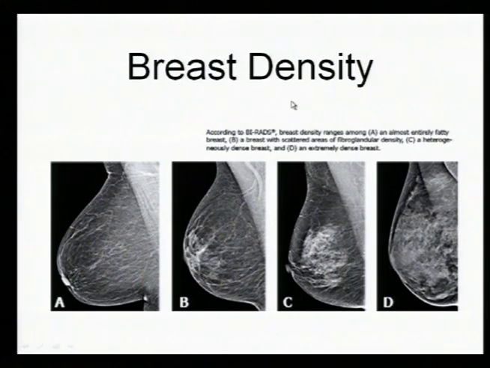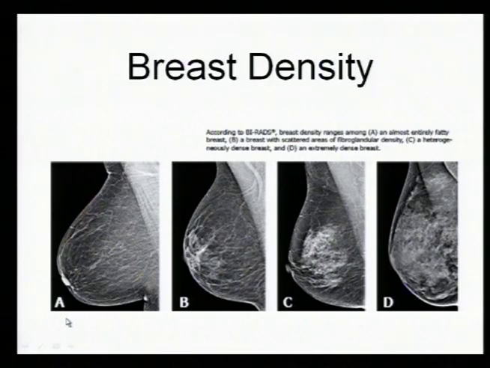This is the breast density scale that you may or may not have heard described previously. The ACR has designated 4 categories for breast density, categorized A, B, C, and D. Why this is important is it both impacts the interpretation of your mammogram, but also impacts the risk of breast cancer that you may have.